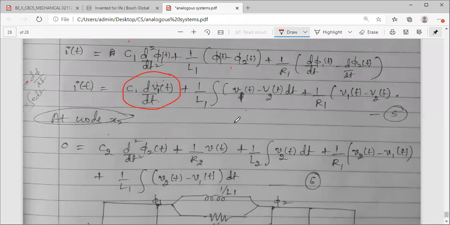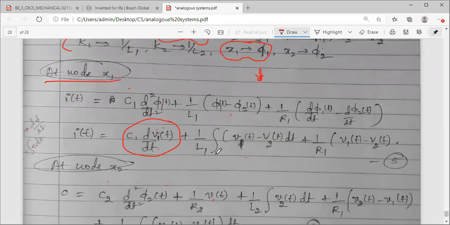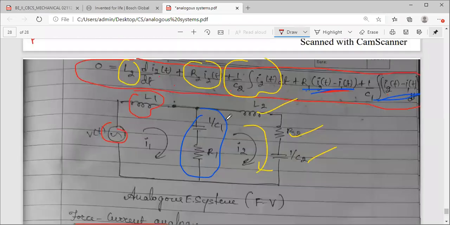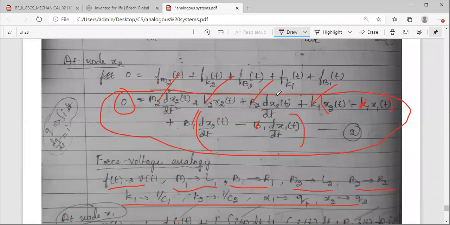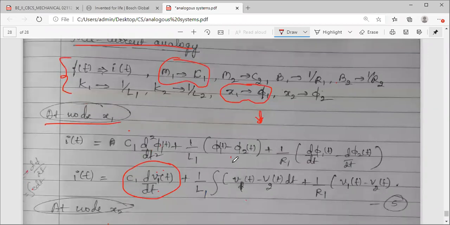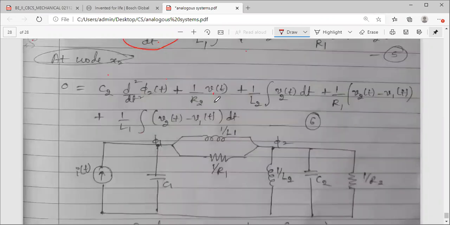V1, what is this actually? 1 by R2, 1 by R2. It is B2, right? For B2, B2 it is X2. Okay, fine. So this should be V2.